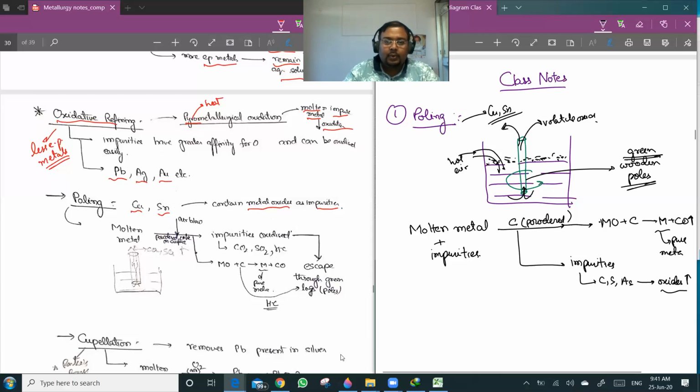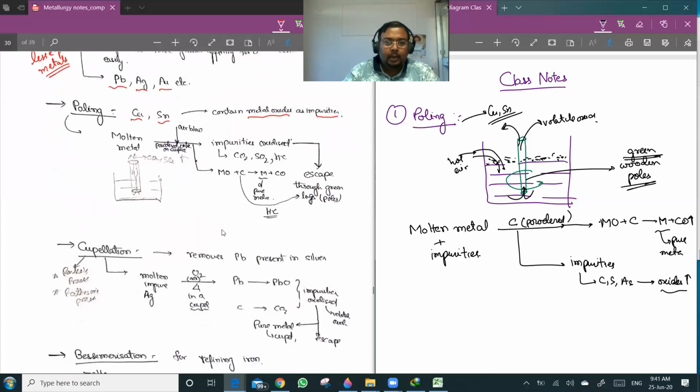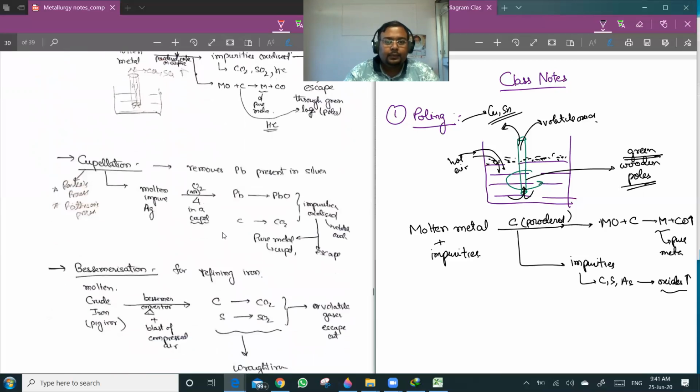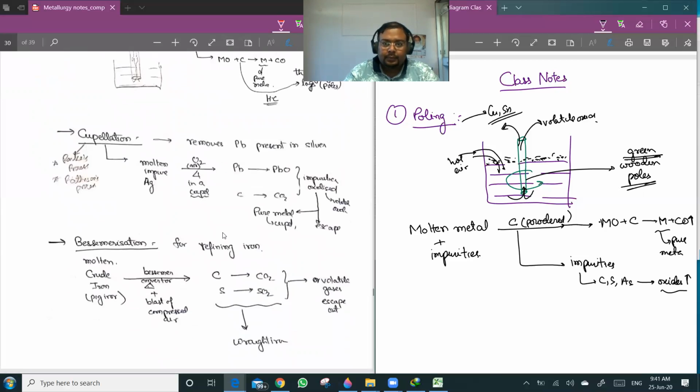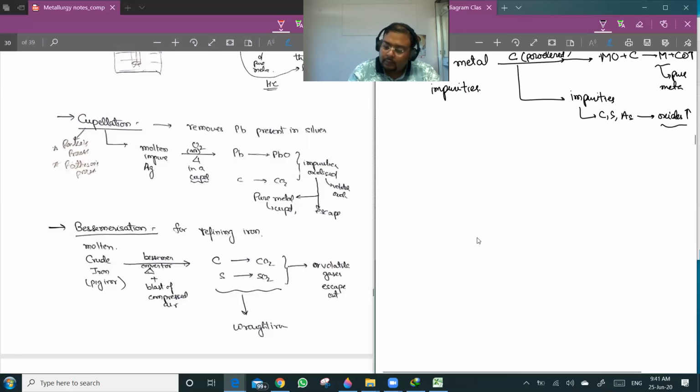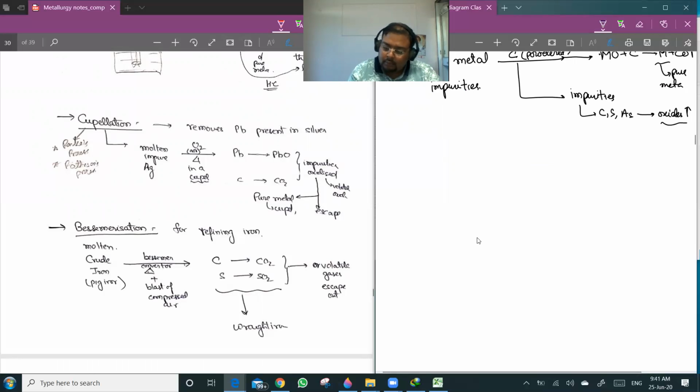After this, the next one is cupellation. Cupellation is a process used for removing lead from silver.